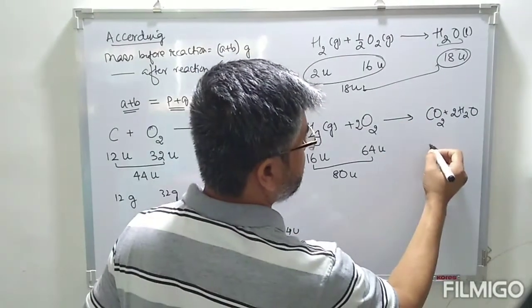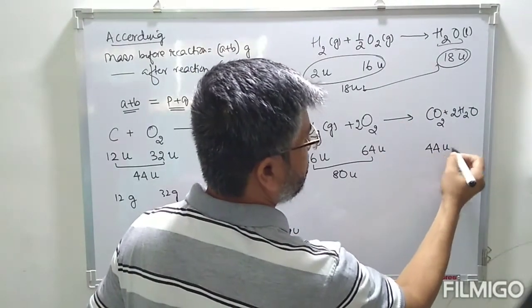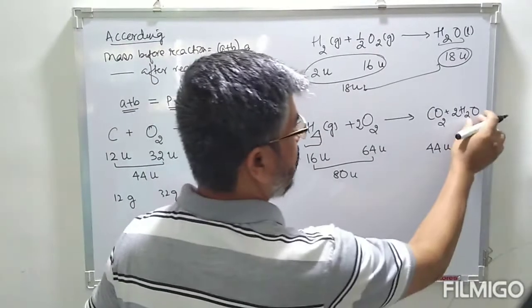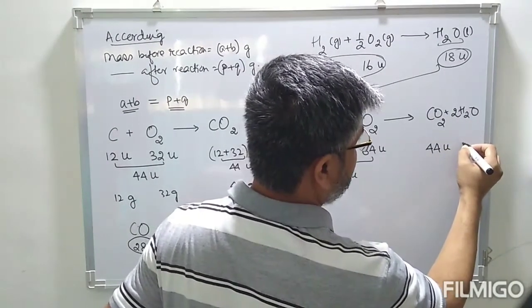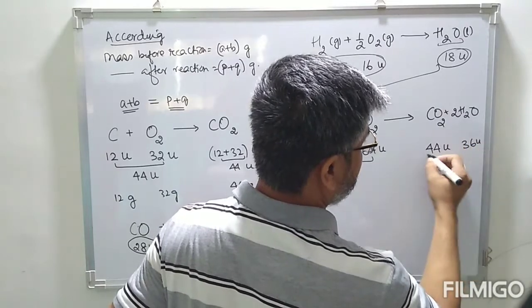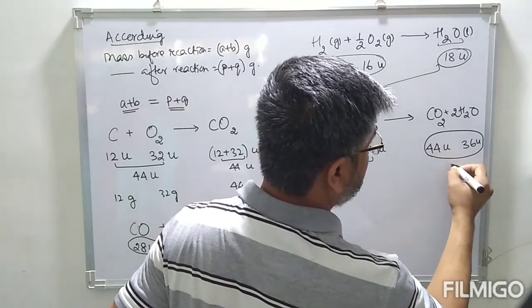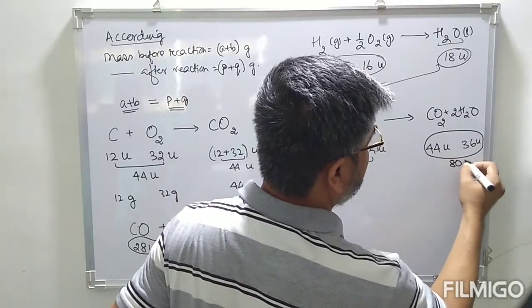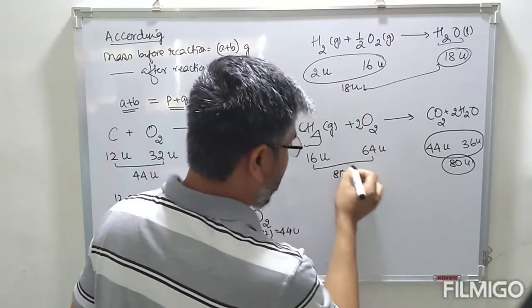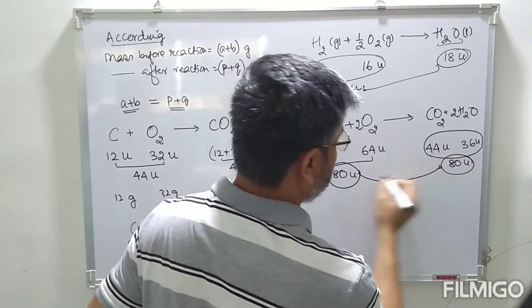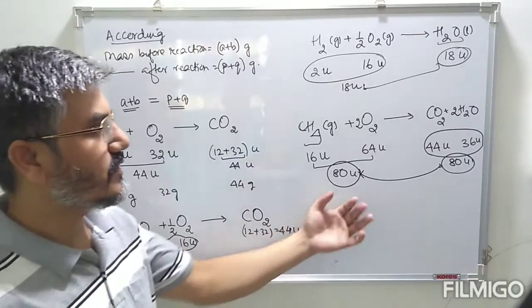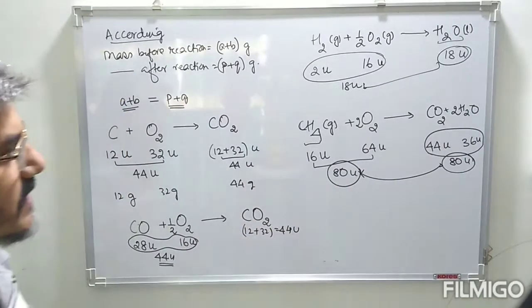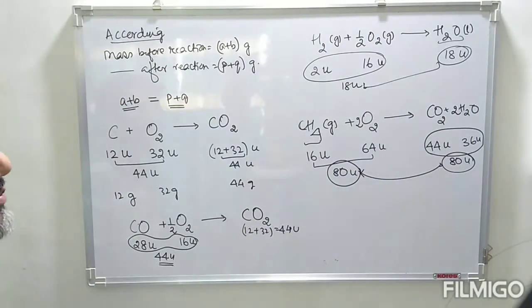Mass of carbon dioxide is 44 U. Mass of water is 18 into 2, 36 U. So mass after the reaction is again 80 U. So whenever we have a balanced chemical reaction, mass before the reaction and mass after the reaction will always be conserved. That is what we call as conservation of mass.